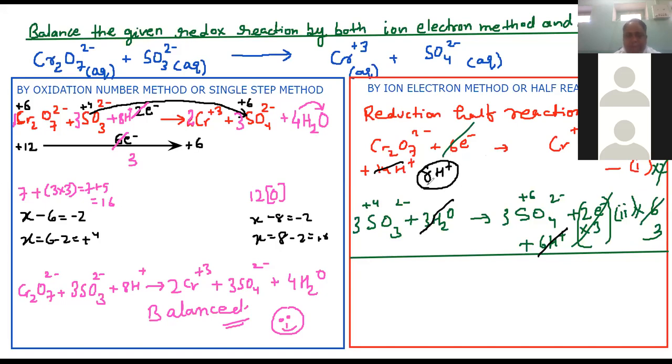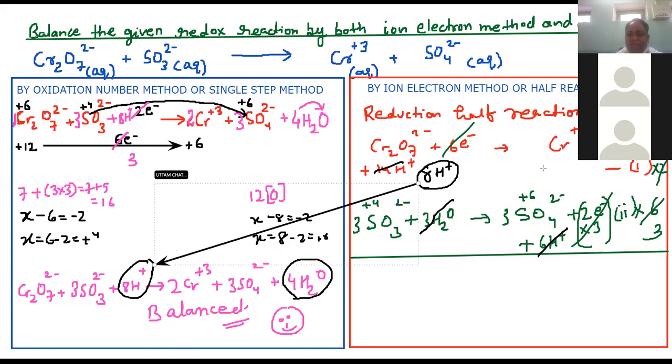So see, this is matching with this one, and this is matching with this one, isn't it? So in both ways, the balancing will give the same result.